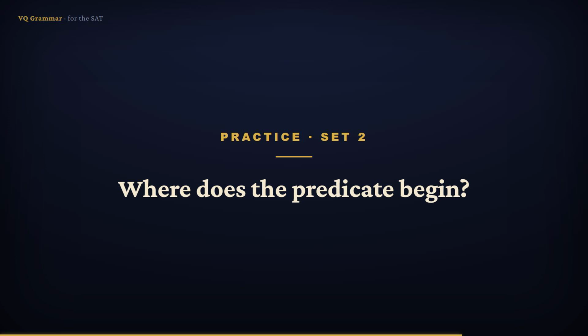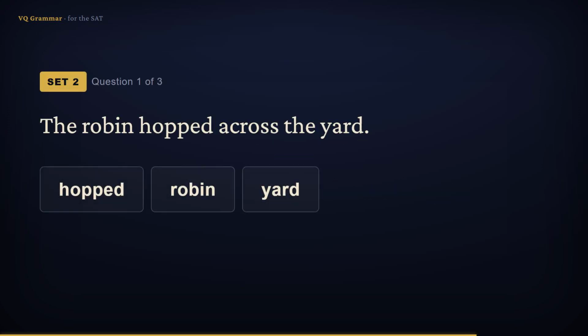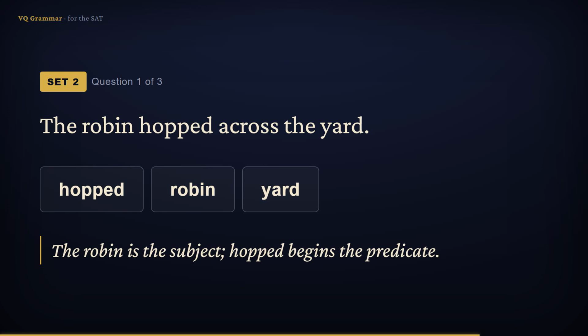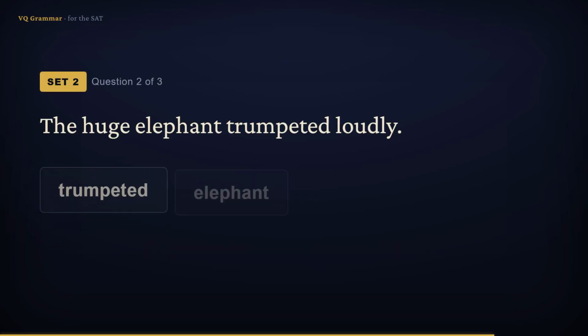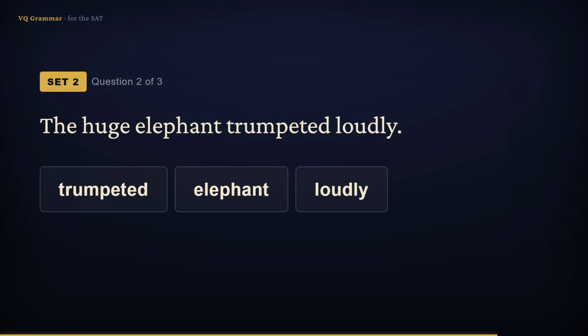Now find the split. Pick the first word of the complete predicate, the verb where the predicate begins. Pause and try each. The robin hopped across the yard. The complete subject is the robin, and the predicate begins at the verb, hopped. So the answer is hopped. The huge elephant trumpeted loudly.